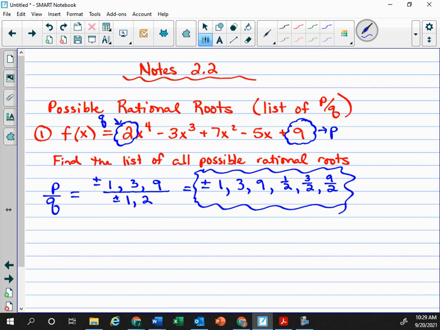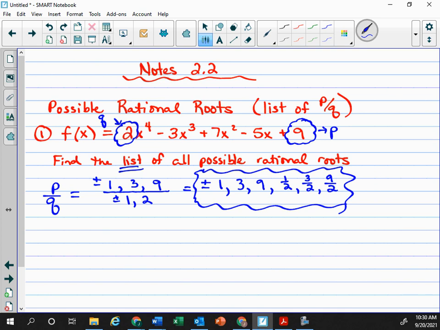So if I say find the list, that's key. Not too bad. Okay, so what's the point of this? What does this list do? This gives you every possible rational root. So if I had said, hey, solve this polynomial, like find all of the solutions, you could then take these and do synthetic division with each of these until you found ones that worked, like you remember from last class, how we would divide and get it down to something we could factor and solve.